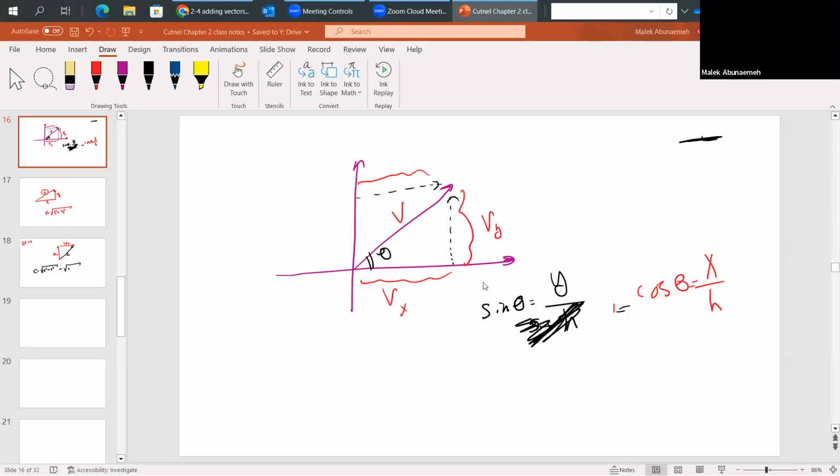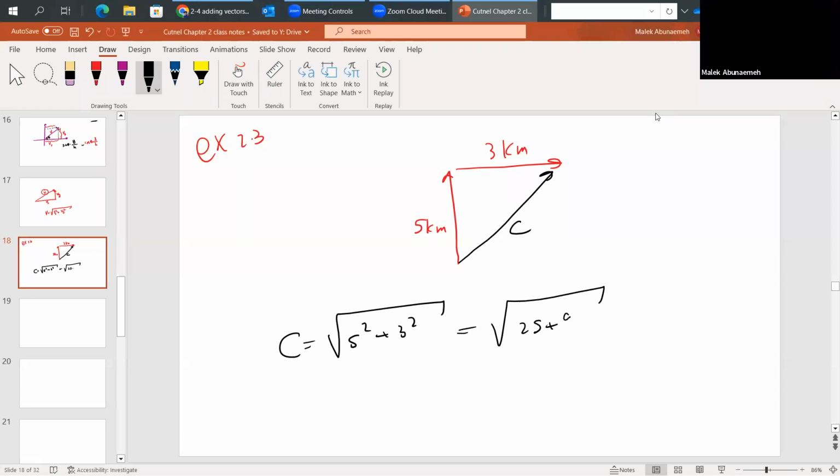This is going to be 25 plus 9, so it's going to be the square root of 34, which if we solve it, we should get 5.83 kilometers.